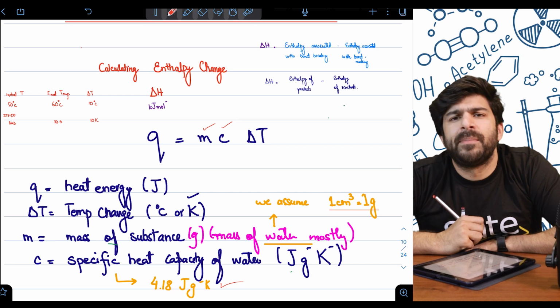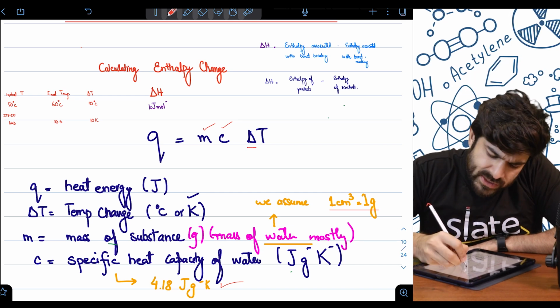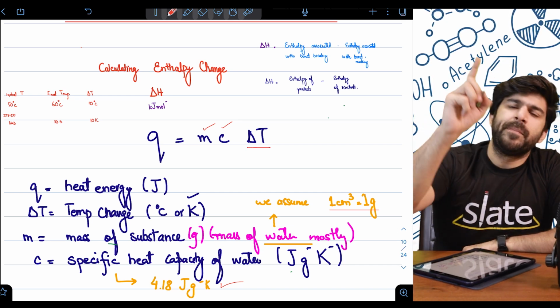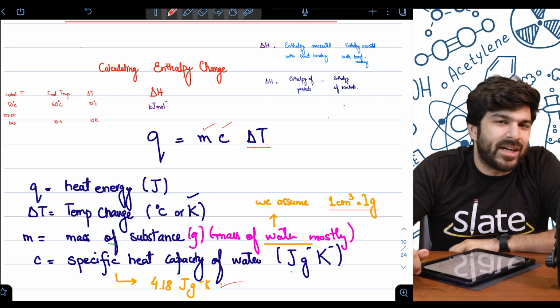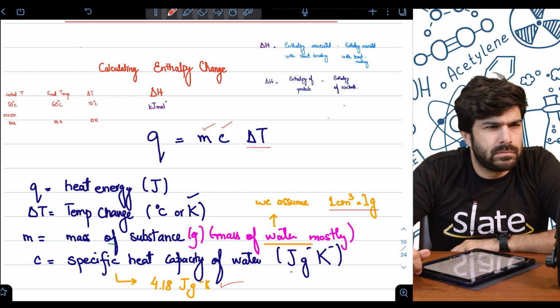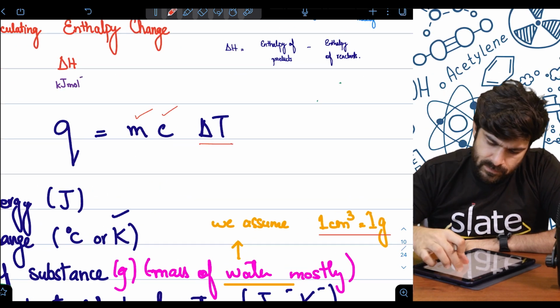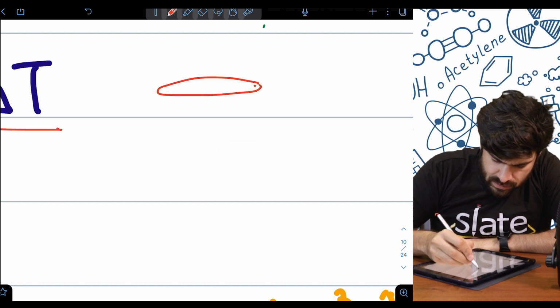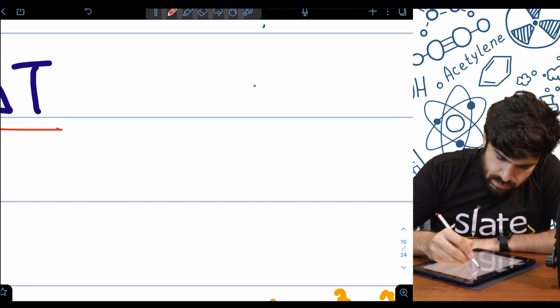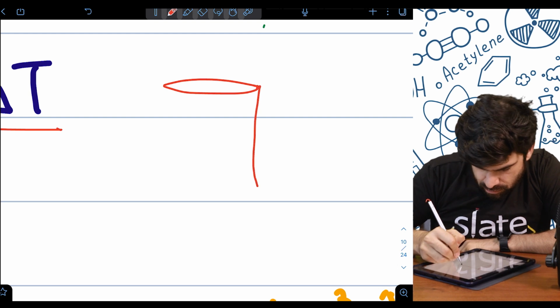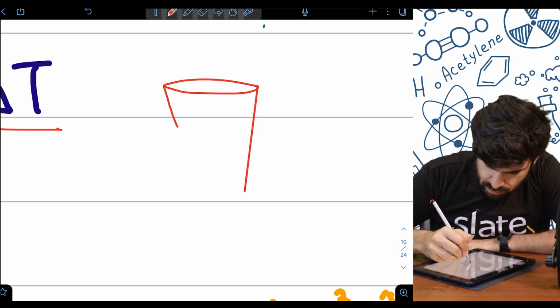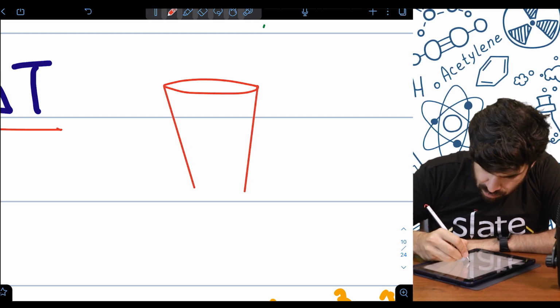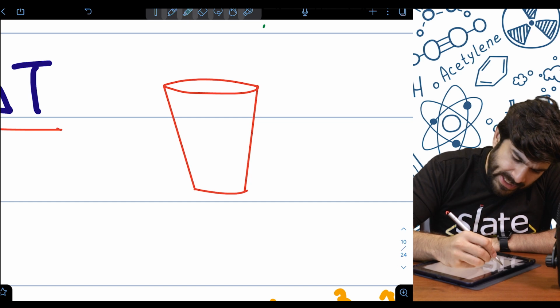Now one thing, we are talking about the mass of water. You have the specific heat capacity of water. Now, what is the temperature change? Even the temperature change is that of water. What do I mean by that? Like if I say I have a polystyrene cup, and I take a thermometer here.